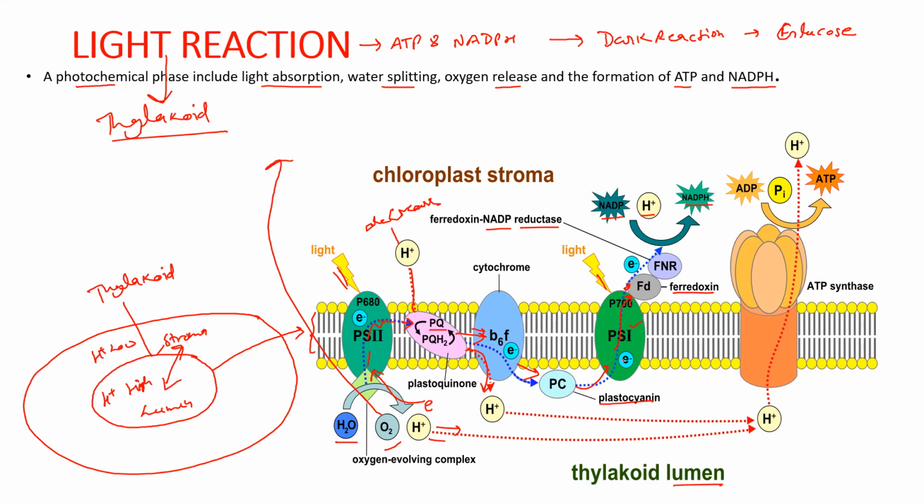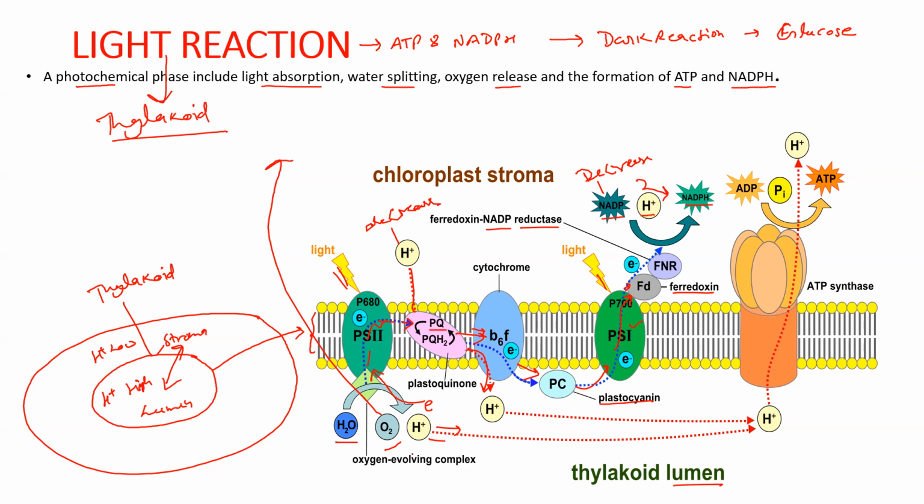So PS1 is getting electrons from PC and PS2 is replacing the lost electron from splitting of water. Here NADPH is produced, and because the H from stroma is utilized in the formation of NADPH, it also decreases the concentration inside the stroma.